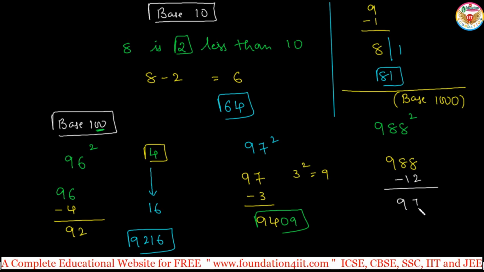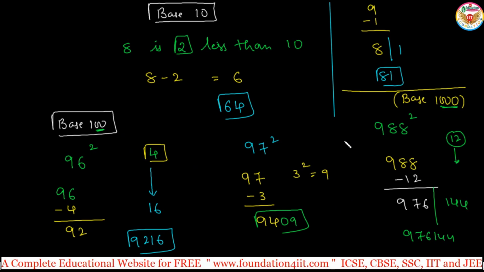Okay, 976. This part is the LHS side. Immediately, whatever number is less, that number square. So 12 square is 144. This all together you can write because 144 is 3 digits, 1000 is 10 power 3. Extra means you can carry to this, or else same. So 976144.